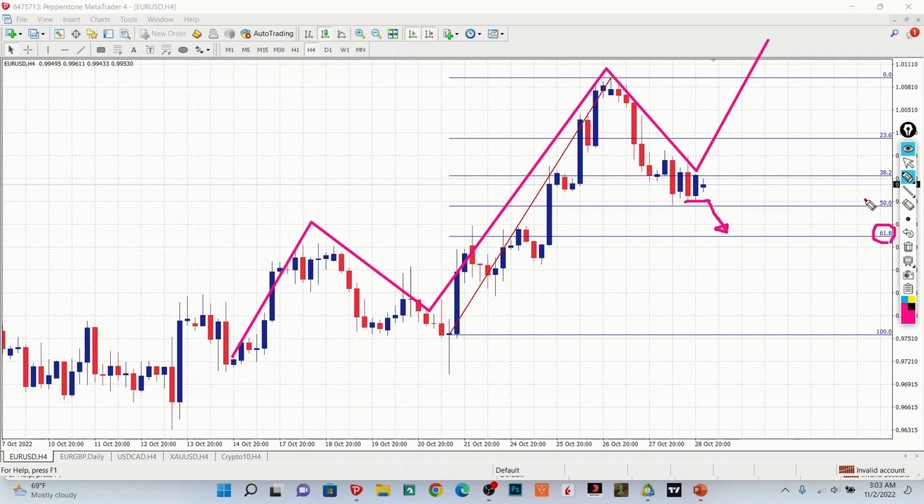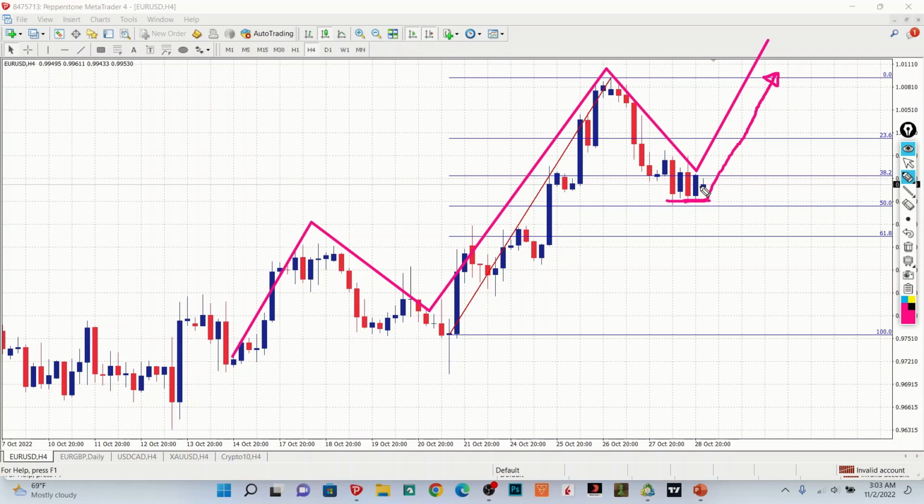So the market is finding support at the 50.0 Fibonacci level. Right here we are seeing that the market is finding support at the 50 Fibonacci retracement level. So we expect the market to hit this 50 Fibonacci retracement level and then find its way back upward.